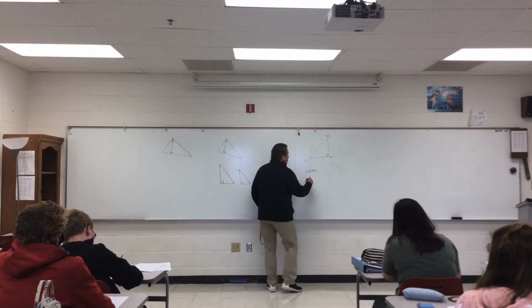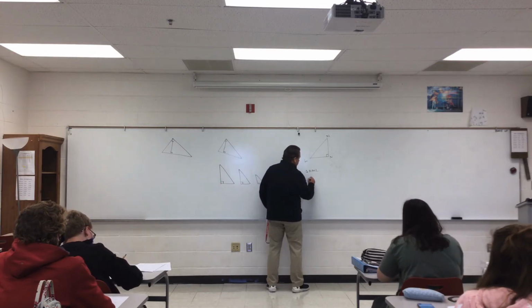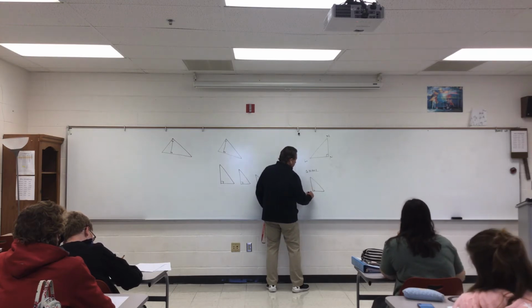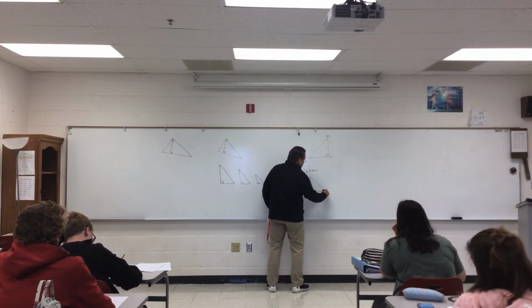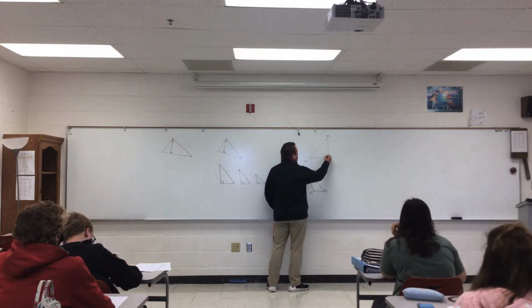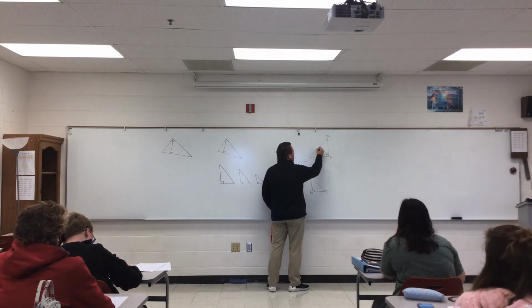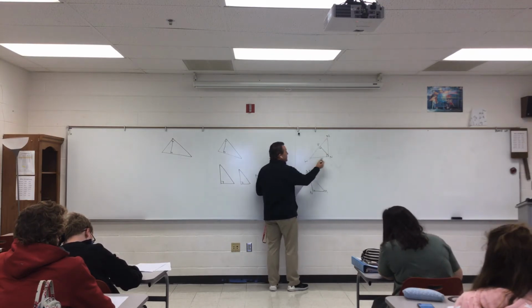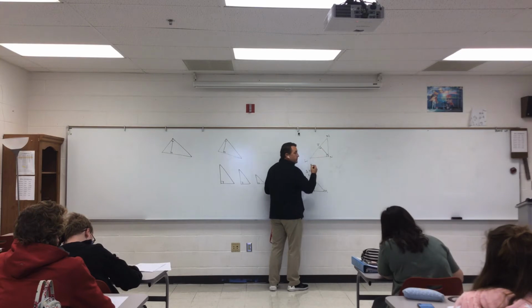So this big triangle here, N, M, L, N is the right angle. We're going to name the next biggest triangle in there, which is going to be this one here, okay?